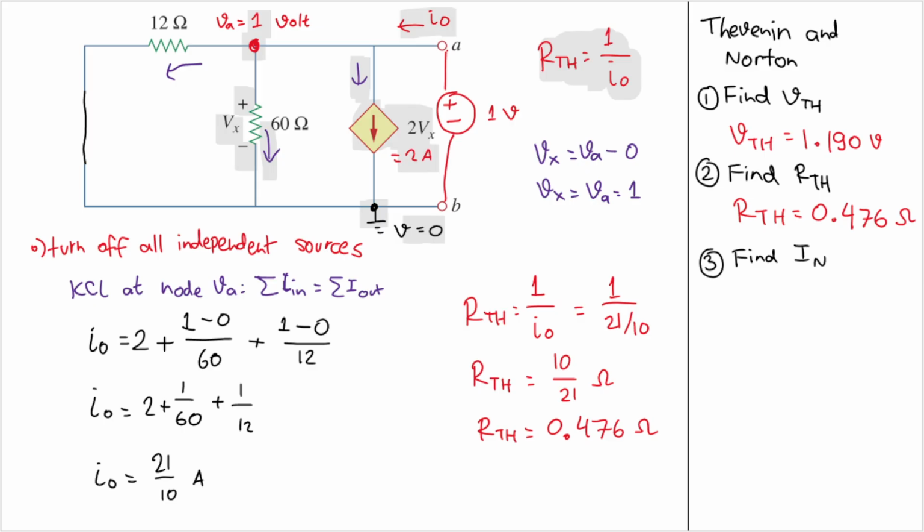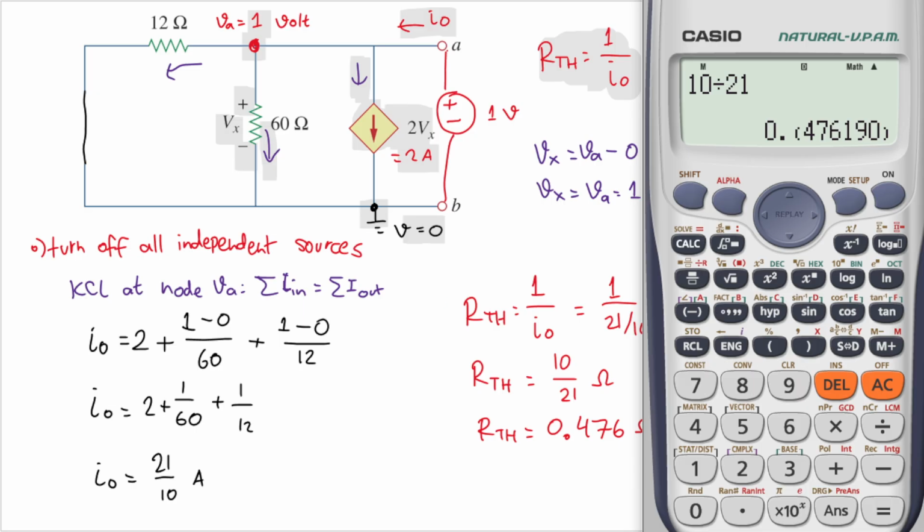Since we know V_TH and R_TH, we can just use a source transformation relationship. So I_N is just V_TH divided by R_TH. We know V_TH, which is 1.190 volts, divided by 0.476. And we will get our value of I_N.